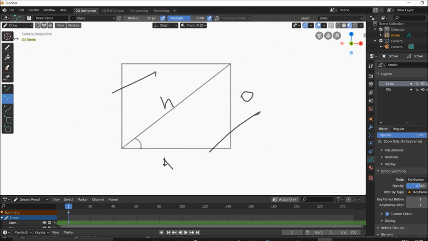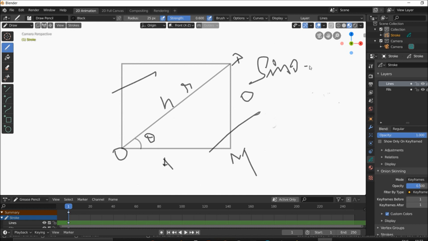So if I have to say sine theta, it will be opposite by hypotenuse. That is PM by OP.